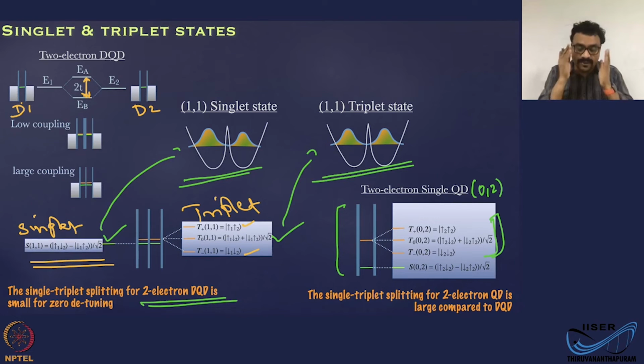But of course, the Pauli exclusion principle applies in either case. But the singlet triplet spacing for a single quantum dot, say the 0-2 configuration, is very high because the singlet and triplet states are different orbital states for that dot. So we need to remember this to understand the discussion that we are going to make further.